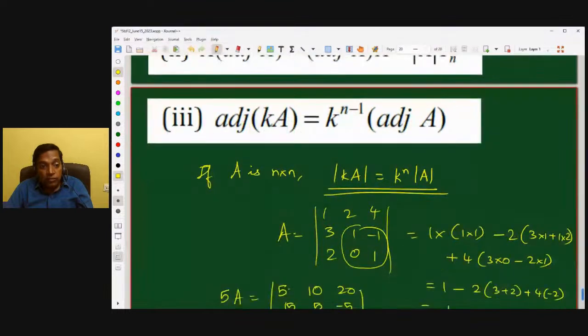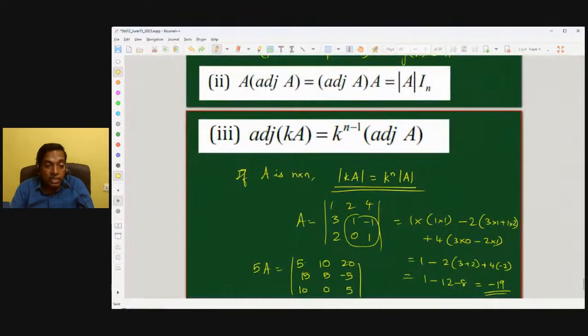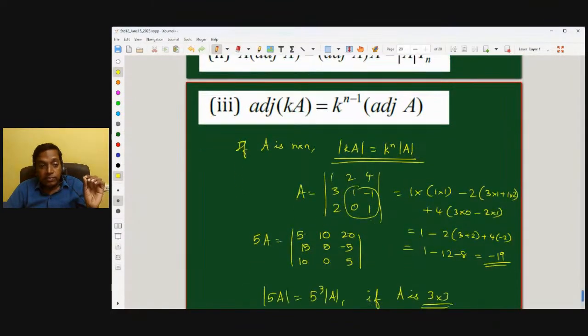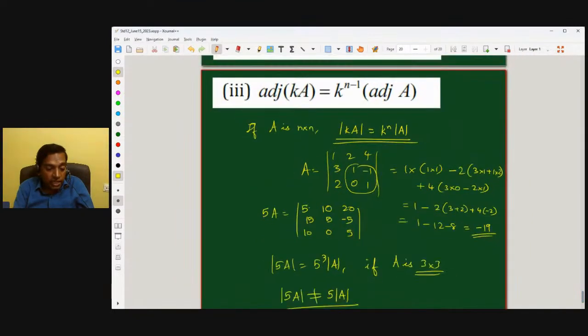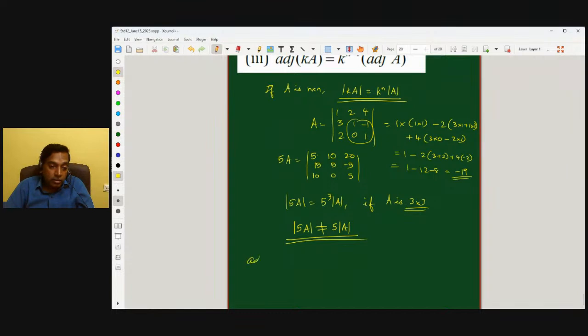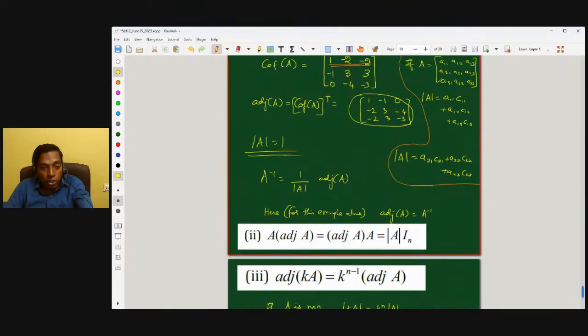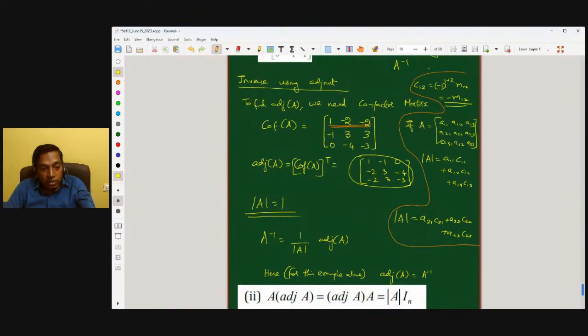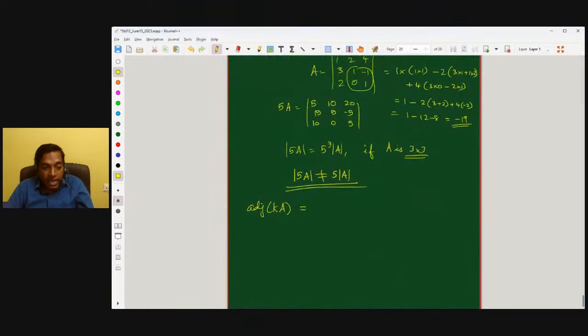Therefore, adjoint also has the same thing. Adjoint of KA is not K times adjoint of A. Think about it. Adjoint of KA, if you want, you can write it as, see, adjoint A is A inverse times determinant A, we know.